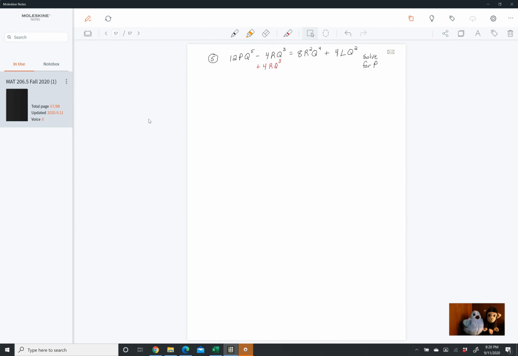So we add 4r cubed to both sides. 4rq cubed. It goes away on the left, as it should. Don't be too quick to cross it out, right? You want to make sure that it actually does go away, because some of you get a little bit careless and you don't really think about it. And I'll see some of you subtracting the 4rq cubed from both sides by accident. Okay.